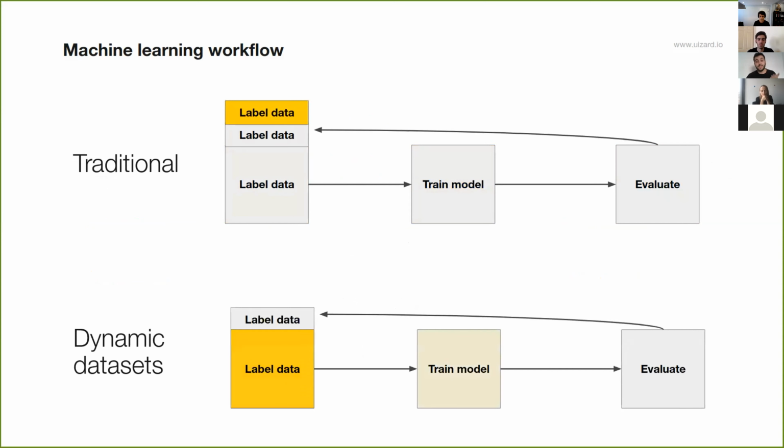Well, you label your data, you train your model, you evaluate, but when it comes to the iteration over your dataset, it's not like you have to label a small chunk of data, but you also have to update your data if you have to change your labels. And as your dataset grows, the problem keeps increasing. This is quite a problem, especially if you are a small startup like ours.